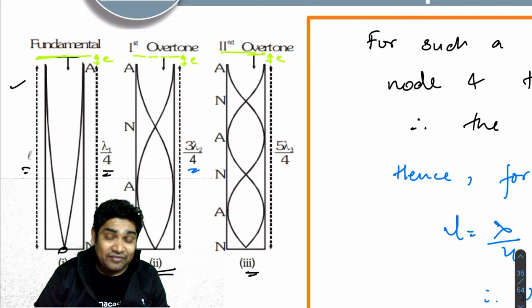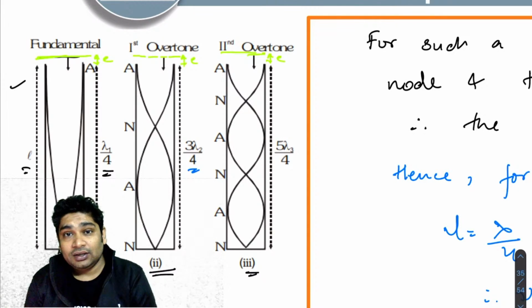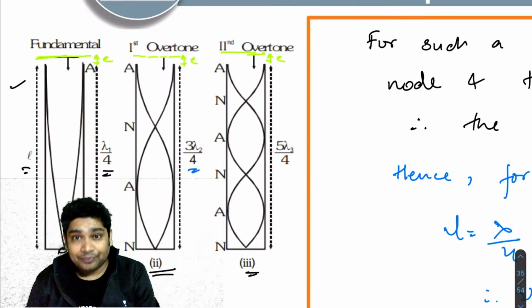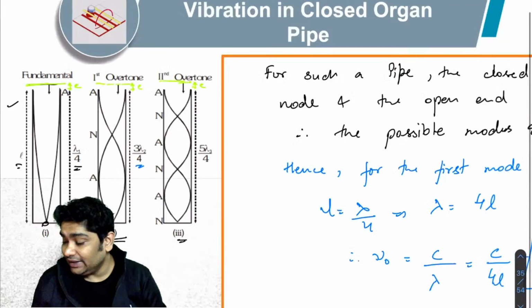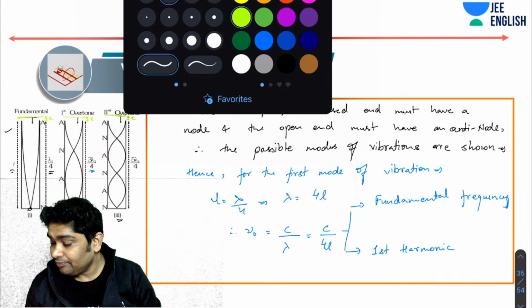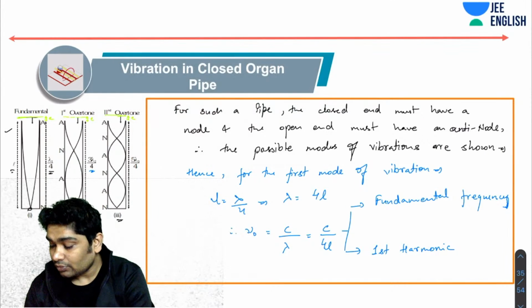Now this E has a fixed value which can be related with the diameter or the radius of the tube. Okay, so E is called the end correction.